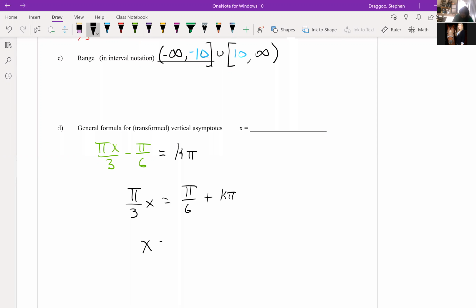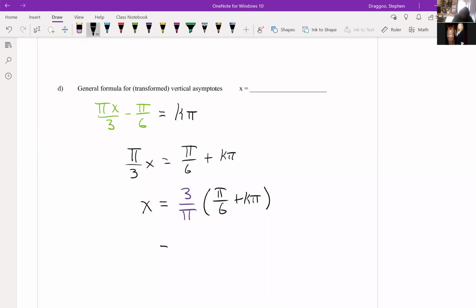So that means that x then is 3 over pi times pi over 6 plus k pi, which simplifies to 1/2 plus k.